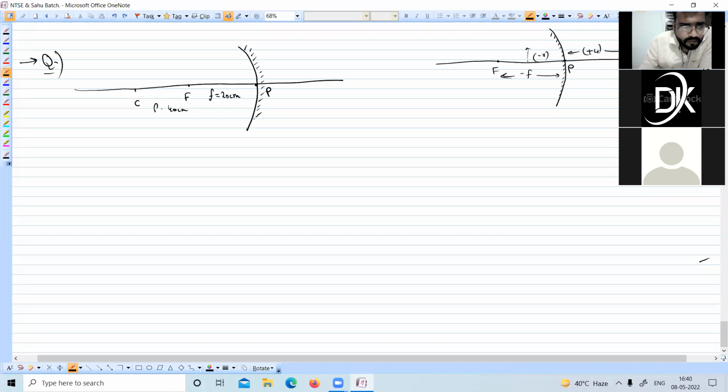Now the object is placed at 60, which means it is placed beyond C, number 2. So the image will be diminished, and it will be between C and F. This is 2 dash, right? We already know this. We will trace everything and get the value.